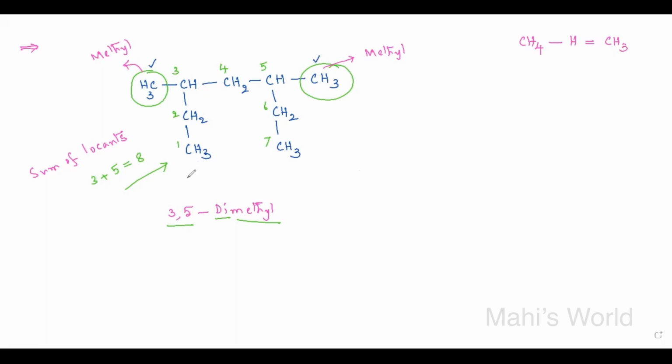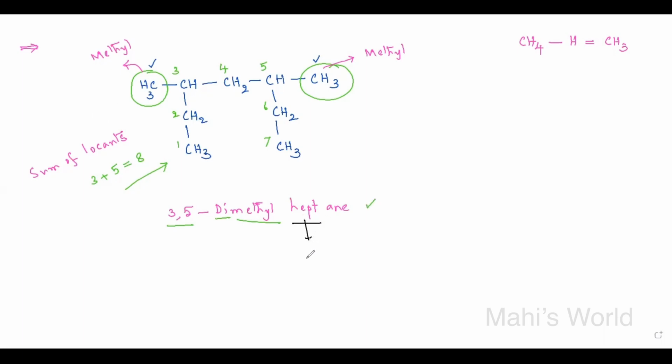Now come to the parent chain, this one. How many carbons are there? What is the root word for 7 carbons? Hept. Hept. And because single bonds are there between carbon atoms, let me write ane. Is everything okay?